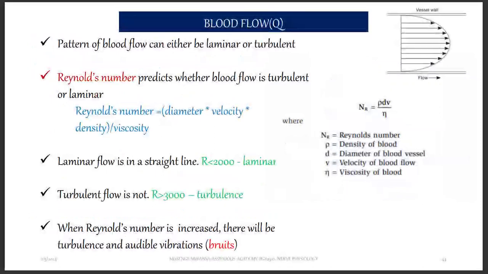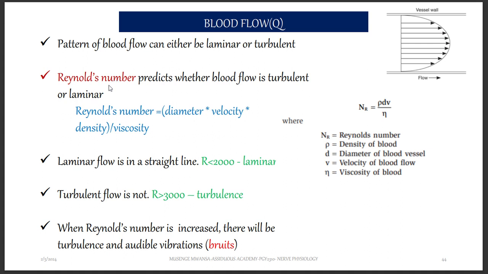Let's now talk about blood flow. Blood flow is represented by Q. The pattern of blood flow can either be laminar or turbulent. The meaning is that it can either move in a straight line or it can move in a confused manner.